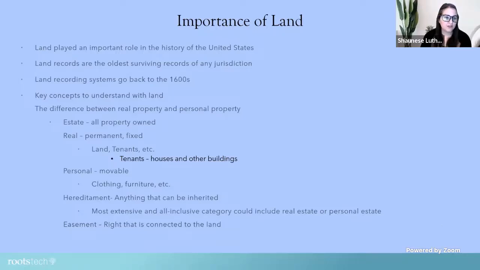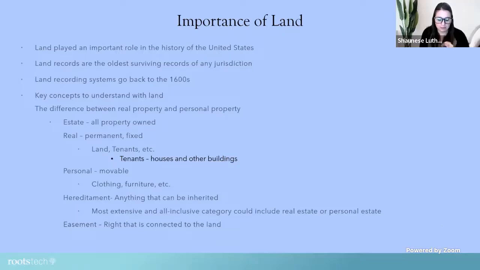Here are just a few key concepts to understand land. So, as I mentioned before, you have estate, which is all property owned, but the real is if you can't move it, it's permanent, or personal, it's movable. Then you have land tenants, which is real estate. And then you have hereditament.